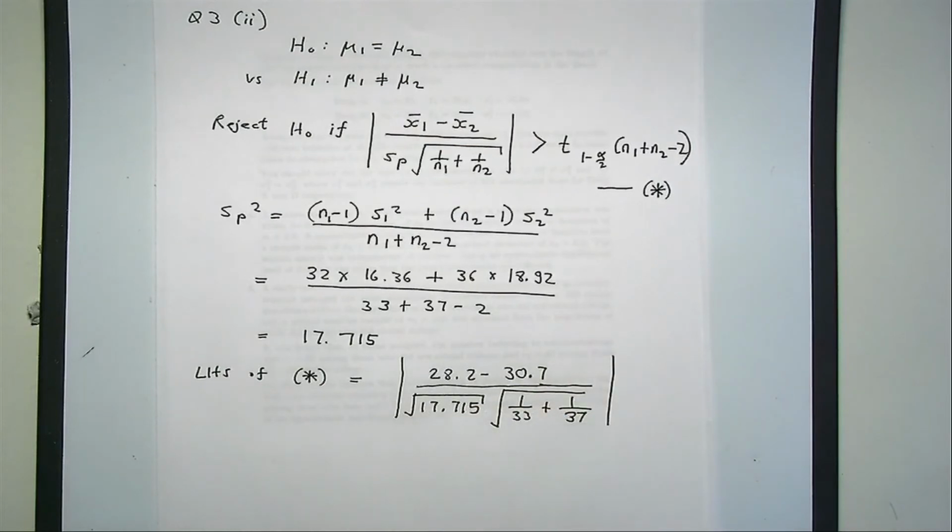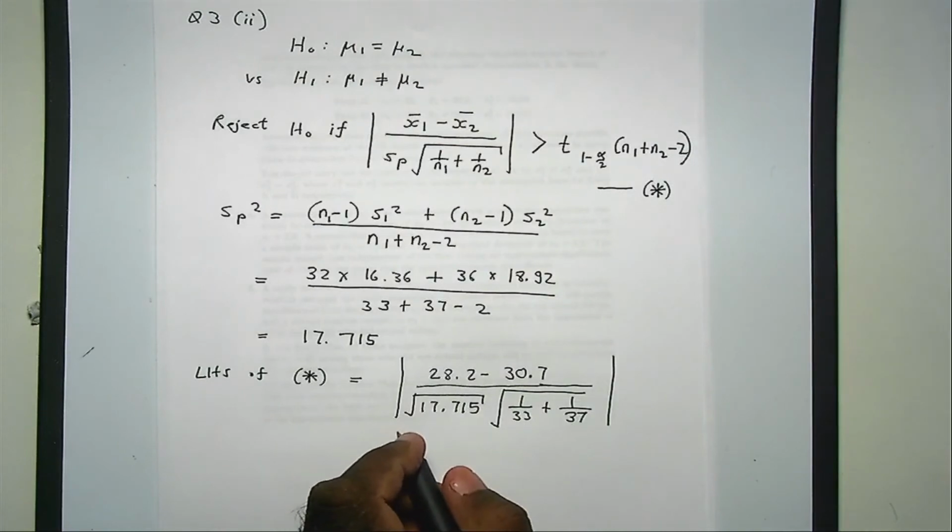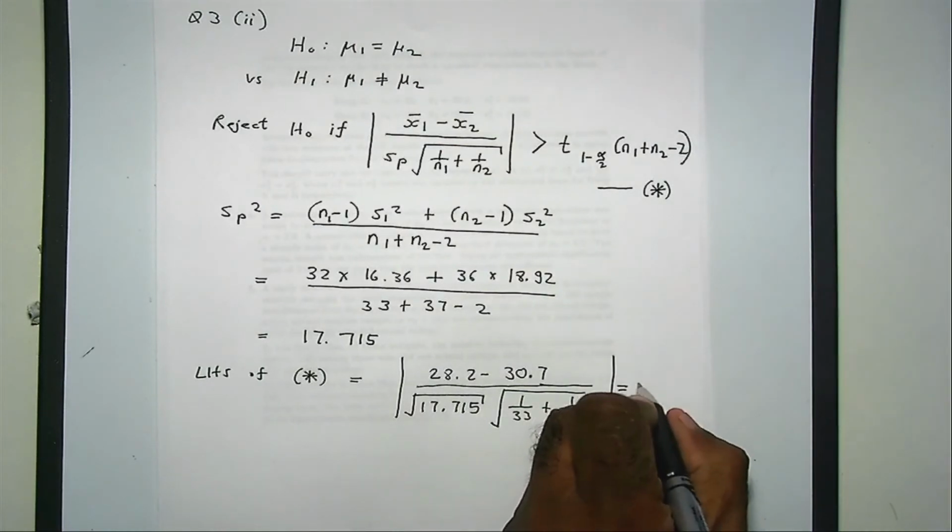All right, so this is what you get, and if you work this out, it will be 2.481.